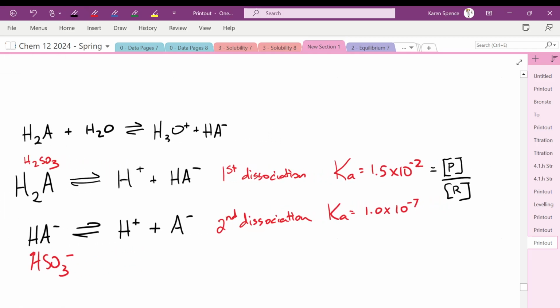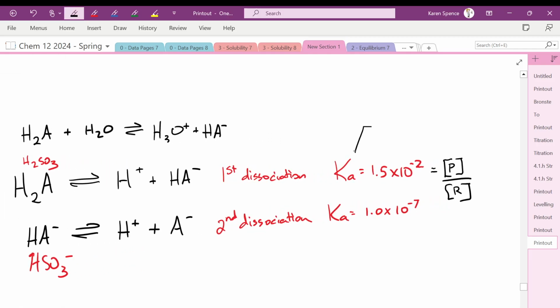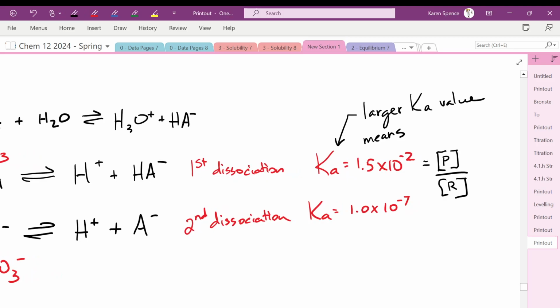So a larger Ka value means what? It's stronger. What does it mean in terms of products and reactants? It means there are more products than reactants, well, not in this case. You still have a number that's less than 1, but a larger Ka value means you have more products than when you have a smaller Ka value.